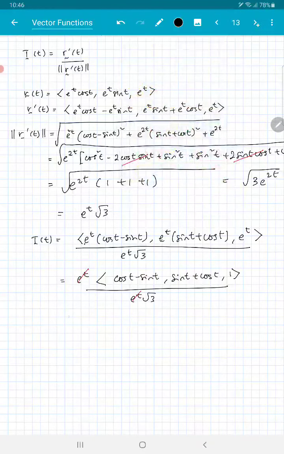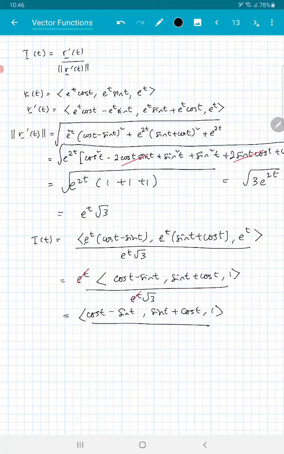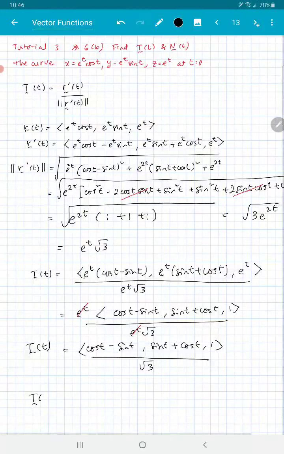So we end up with the vector (cos t minus sin t, sin t plus cos t, 1) divided by the square root of 3. This is the unit tangent vector.